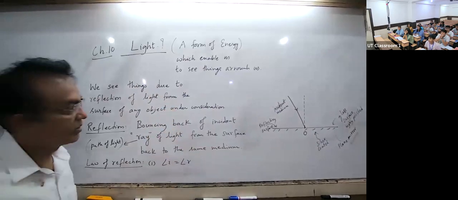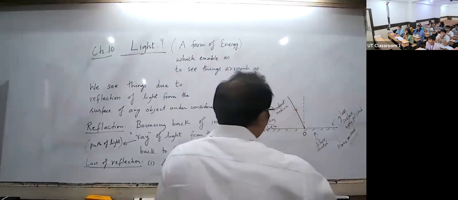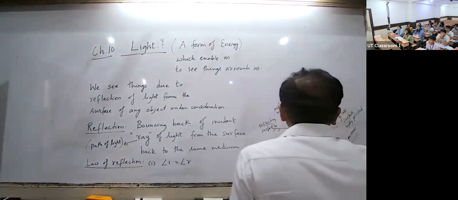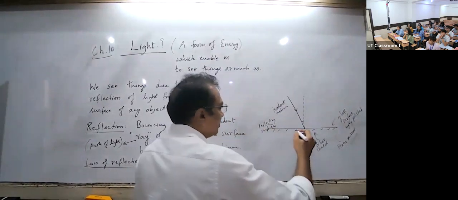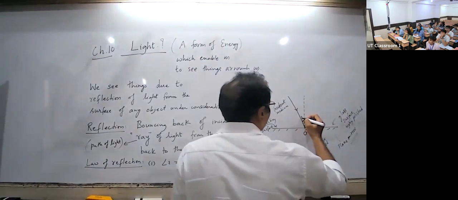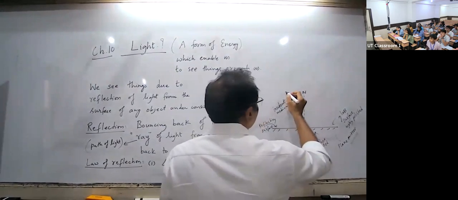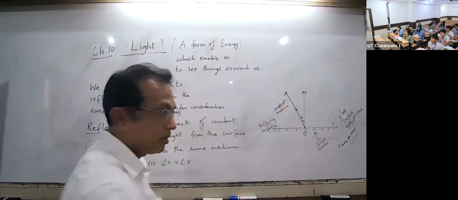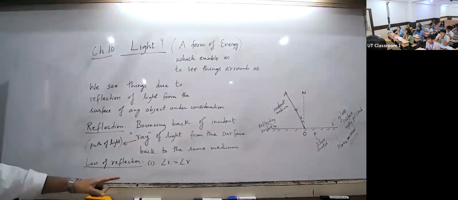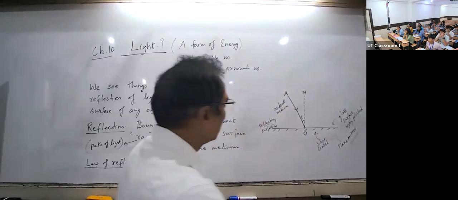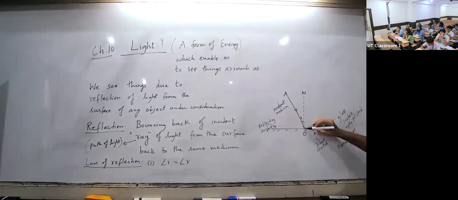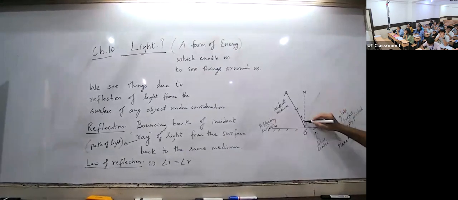Okay. So this angle between the incident ray and the normal is called the angle of incidence. Let's name this ray AO. So according to this law, this light will be reflected like this.